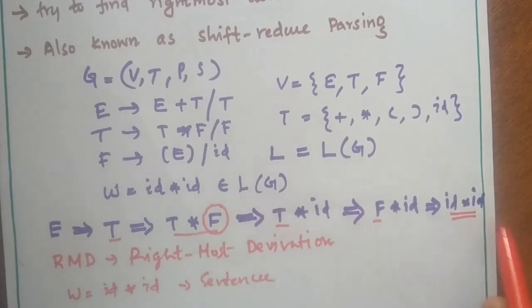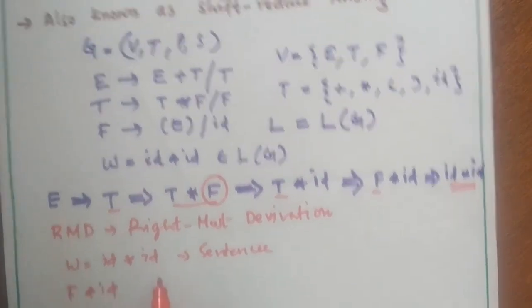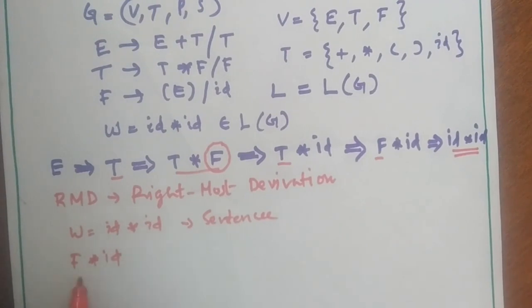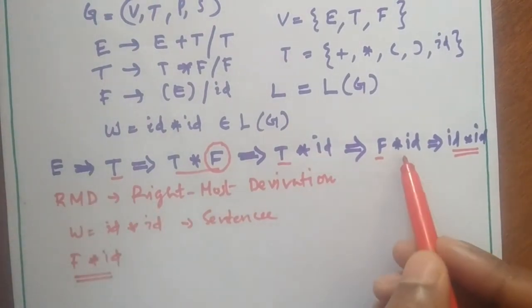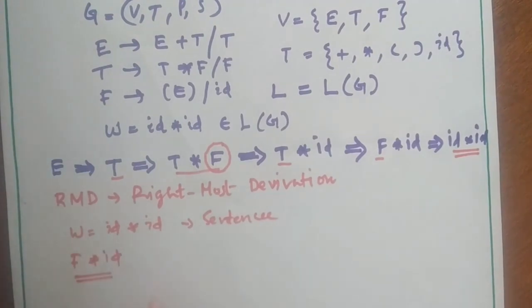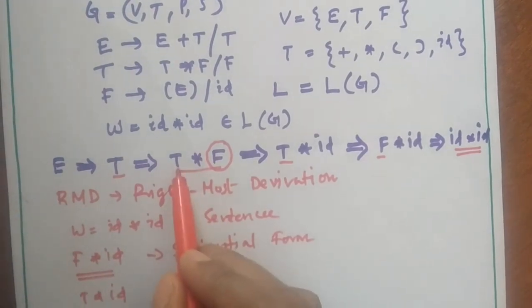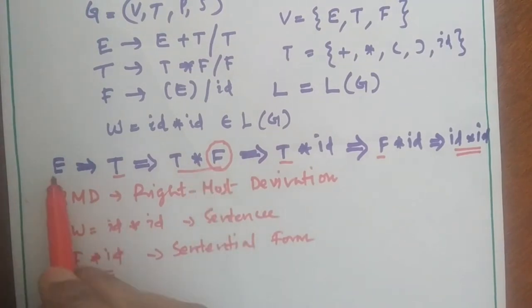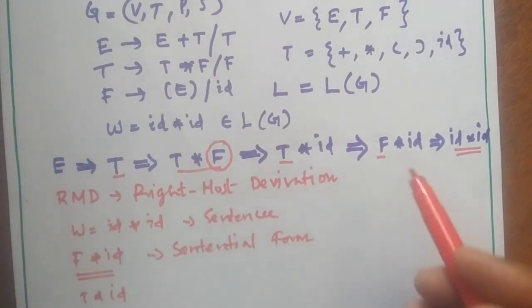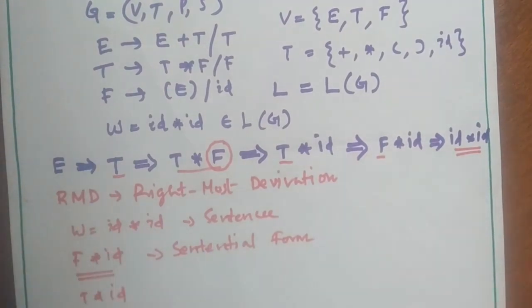Everything except that is called a sentential form. For example, F star ID is one of the sentential forms in the rightmost derivation of the given string W. Another one is T star ID, T star F, T and E, all are different sentential forms of the derivation.